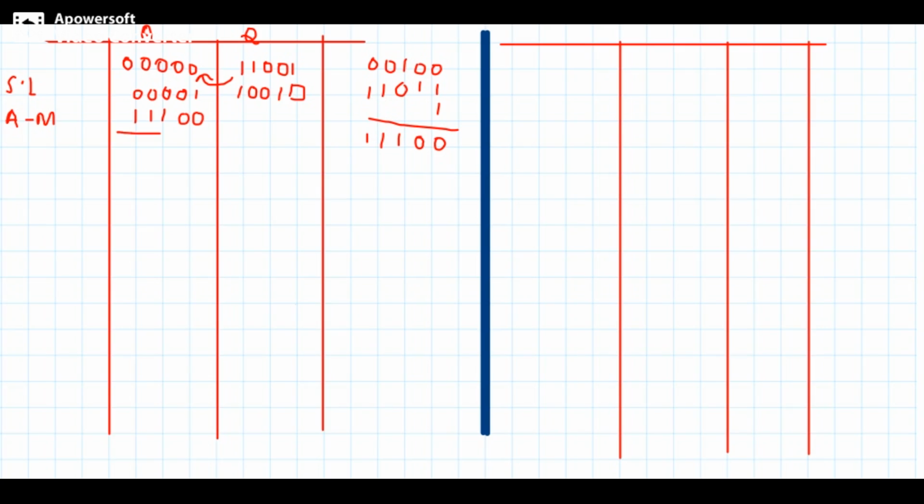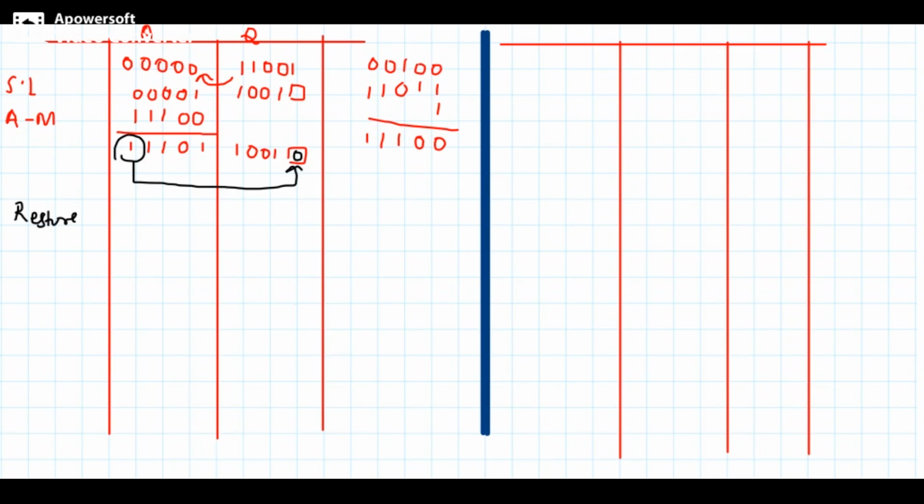So I have to add this 1 0 1 1 1. I'll write Q as it is, 1 0 0 1 blank. Now I have to check the sign of A. Since the sign of A is 1, set Q naught equal to 0 and we have to restore.